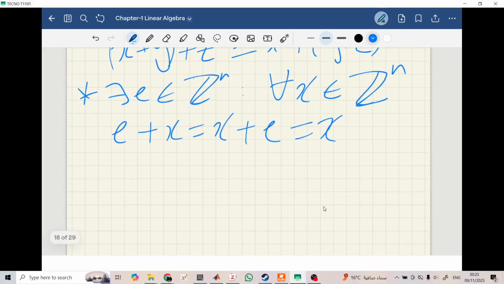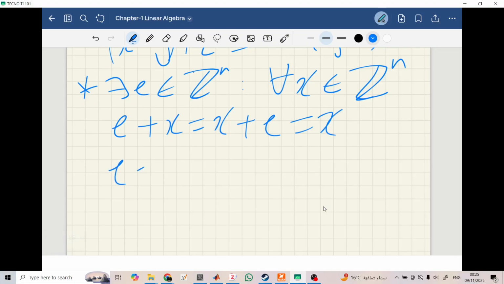So what would e be? E is the all-zero vector. So we have n components, right? And this belongs to the set. So we have a neutral element.